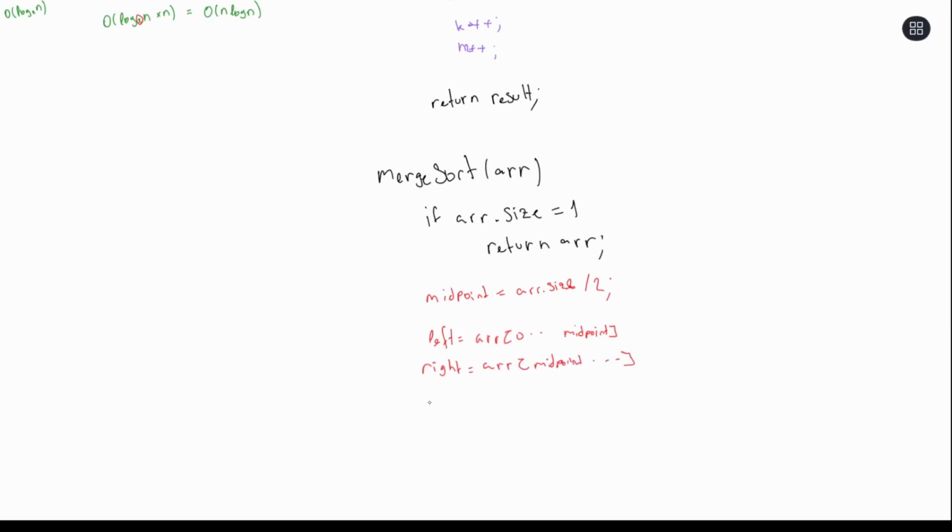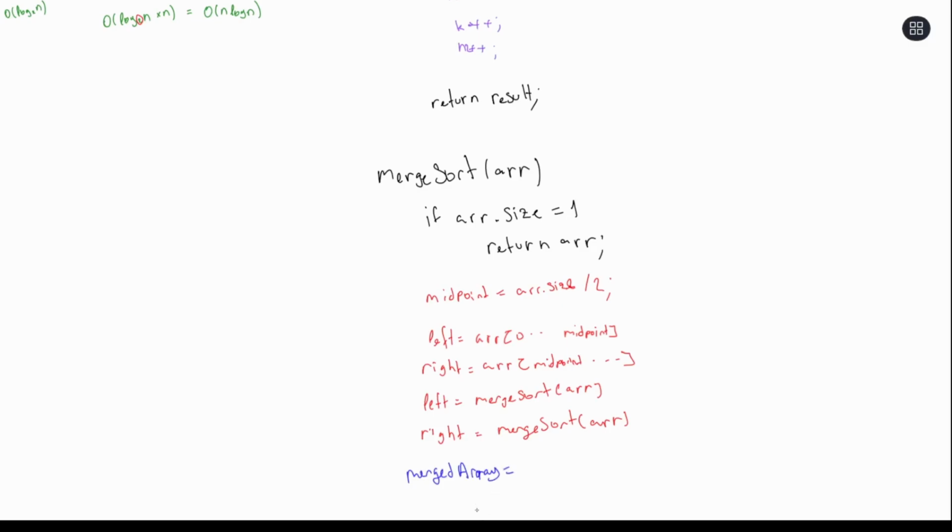And we're going to keep dividing. So we're going to do left equals merge sort, and same with right. We're going to keep doing this recursively, which means we keep dividing until the size equals 1. And then we're going to make a new array called merged array.